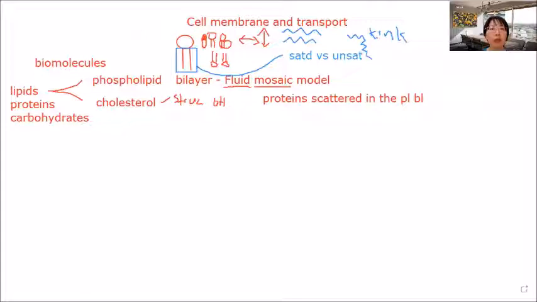Oh, I'm drawing, but it's white color. I cannot see. Give me red color. Okay, so straight chain, bend chain. This bend chain will push the neighbors further away. I think I will draw nearer, then you can see. Straight chain, bend chain.